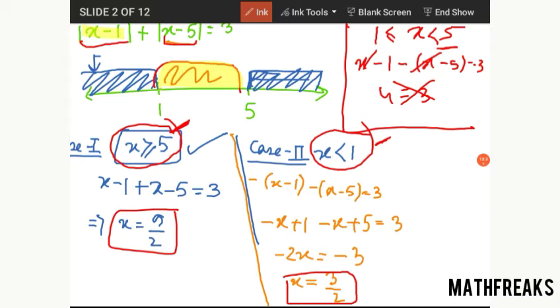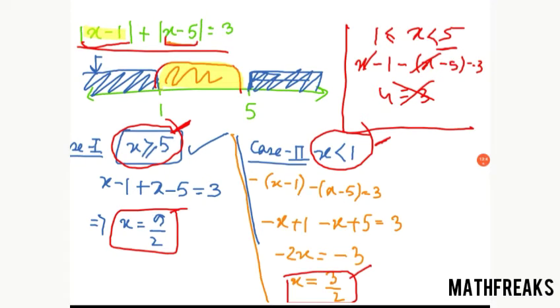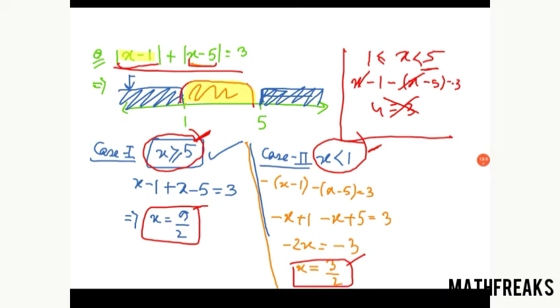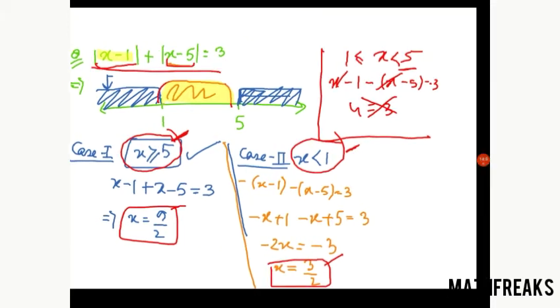Now it is your homework to check if these two solutions satisfy this equation, and if not, then we can say that this equation has no solution. So I hope that you understood the solution to this question. This is another approach. In the first lecture we showed you questions with a specific approach, and now this is another approach. Correct?